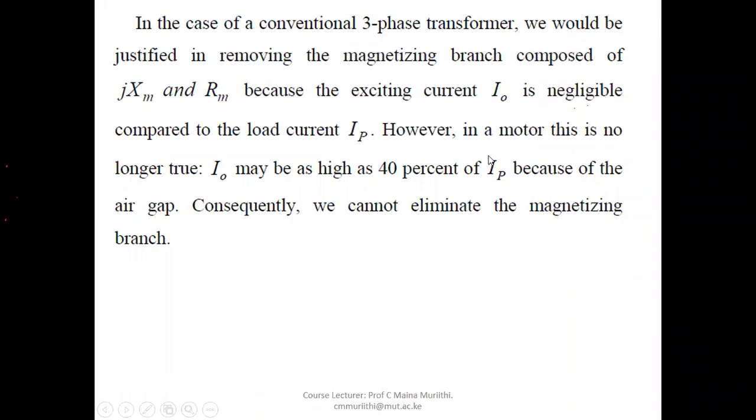However, this is not the case when we come to the motor. The exciting current can be as high as 40% because of the air gap. Consequently, the magnetizing branch is key in induction machines, while in transformers, it is negligible and often ignored in some calculations.